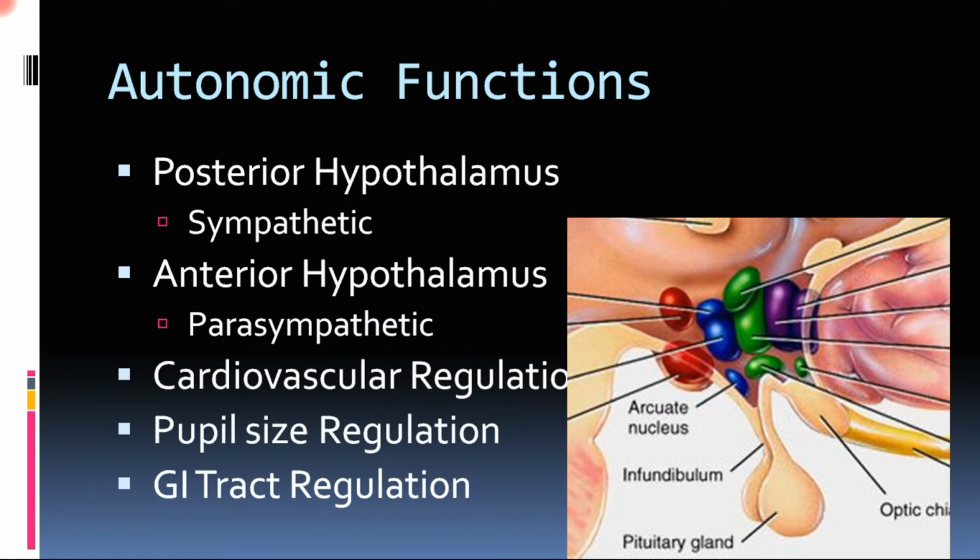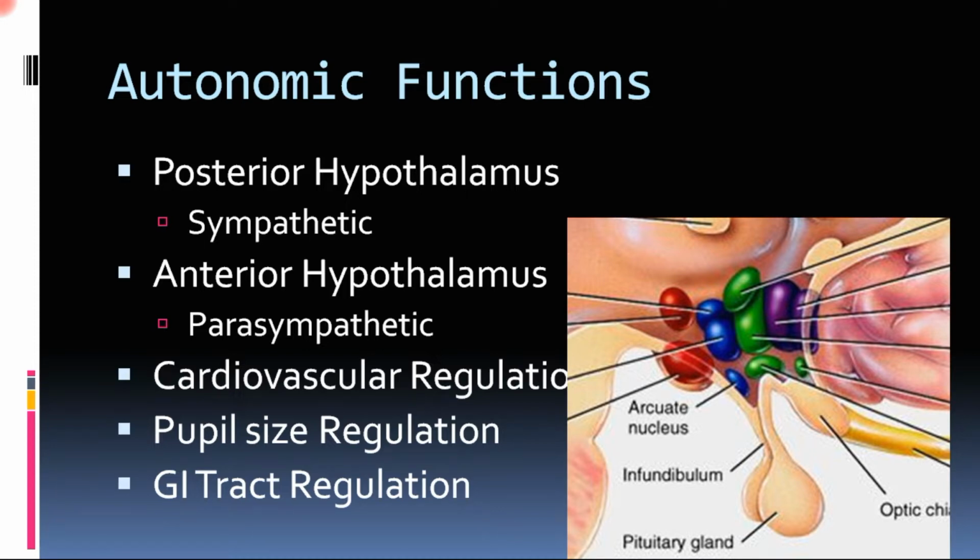So first, coming to the autonomic function, there are certain groups of nuclei which are considered to be the sympathetic and parasympathetic control centers in the hypothalamus. The posterior hypothalamus, the nuclei present posteriorly, as you can see here, these are the posterior nuclei of the hypothalamus. These are the sympathetic center of the autonomic function.